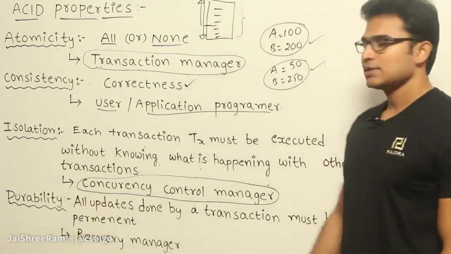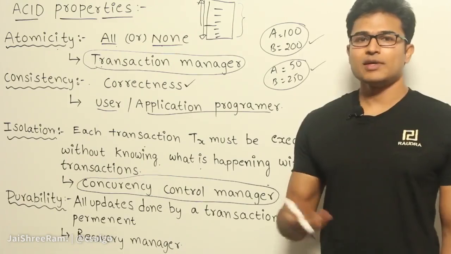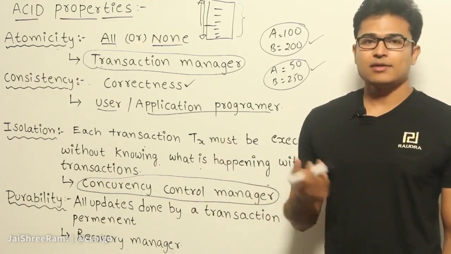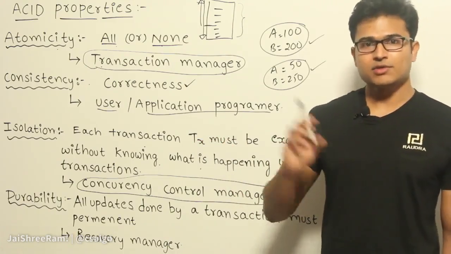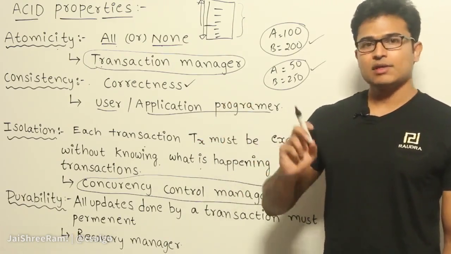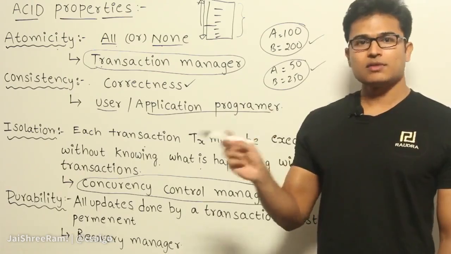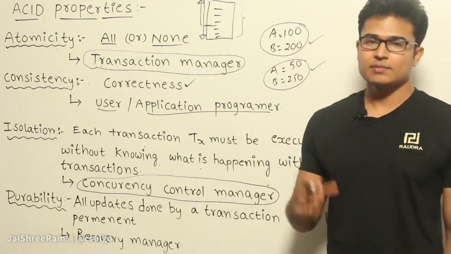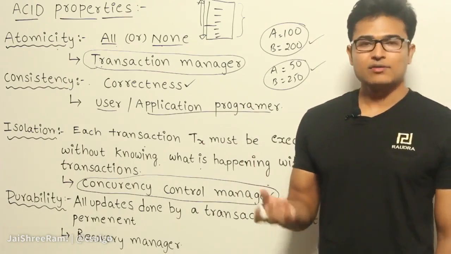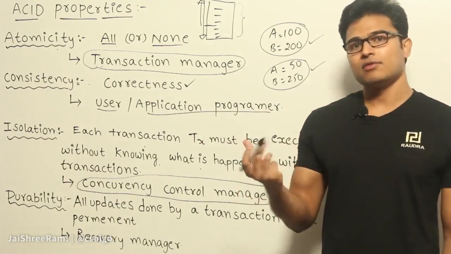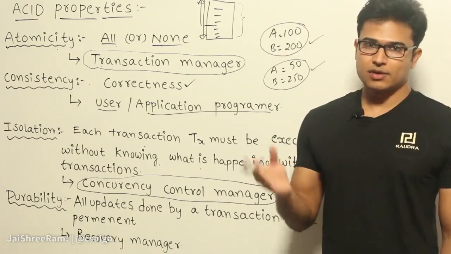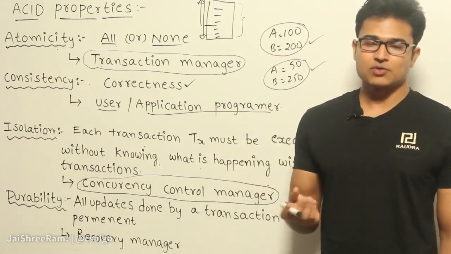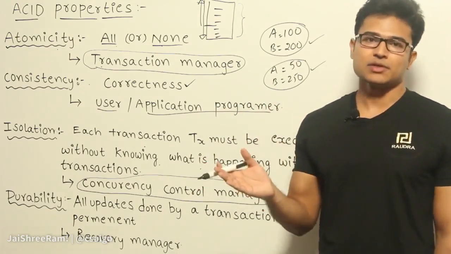Durability means let us say we have made some changes to some database element, and after doing it you are supposed to save it somewhere, and if you save it on the hard disk, then it is going to be there forever, right? Now let us assume that before saving it to the hard disk something happens, like a power failure or some error, and you have stopped the transaction. When the power systems are up again, you should be able to maintain that information, right?